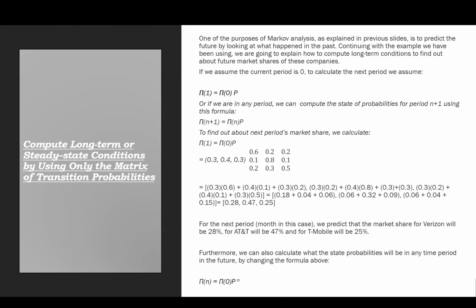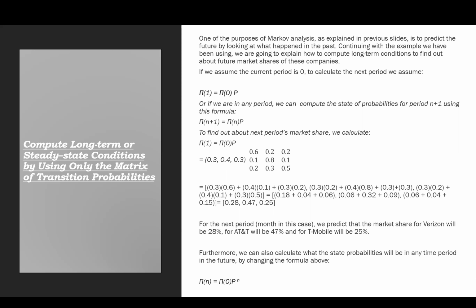If we assume the current period is 0, to calculate the next period, we assume that N1 is equal to N0 multiplied by P, which is the matrix. Or if we are in any period, we can compute the state of probabilities for period N+1 using this formula.